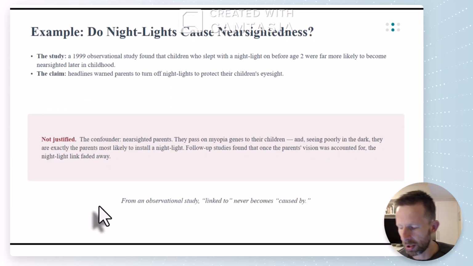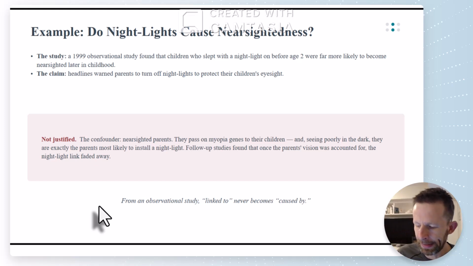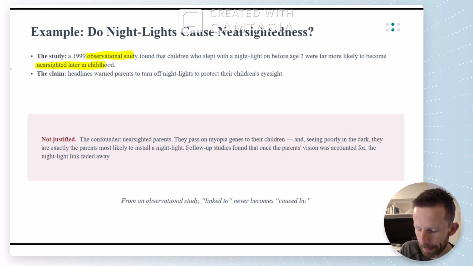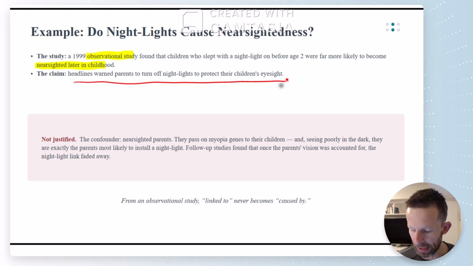Example, do nightlights cause nearsightedness? A 1999 observational study found that children who slept with a nightlight on before the age of 2 are far more likely to become nearsighted later in adulthood. The claim: headlines warned parents to turn off nightlights to protect their children's eyes. The confounder was nearsighted parents.